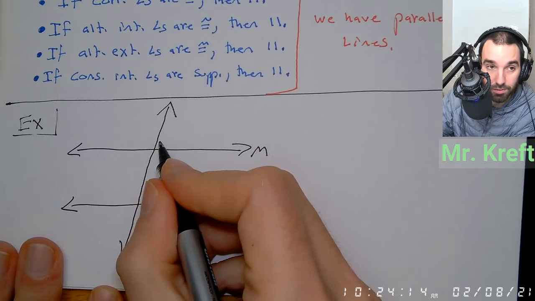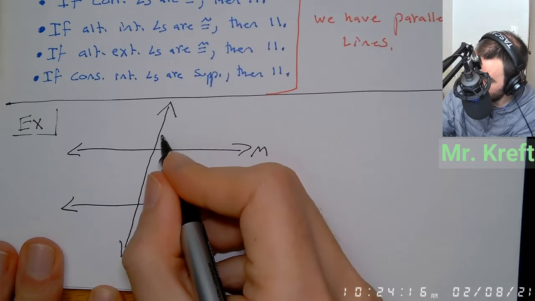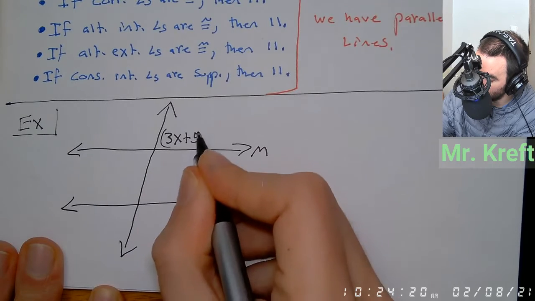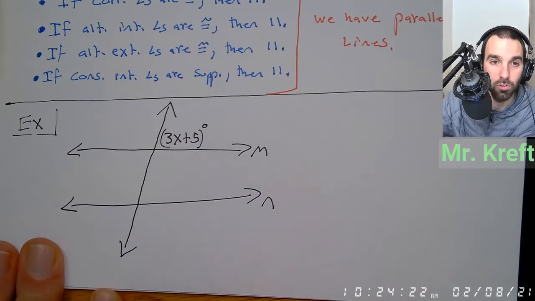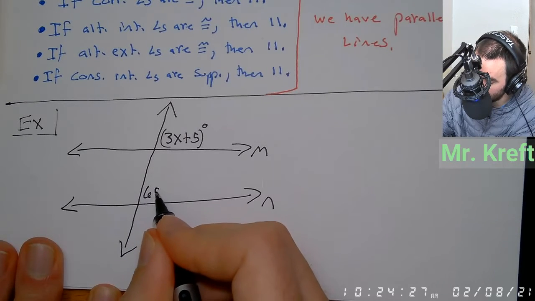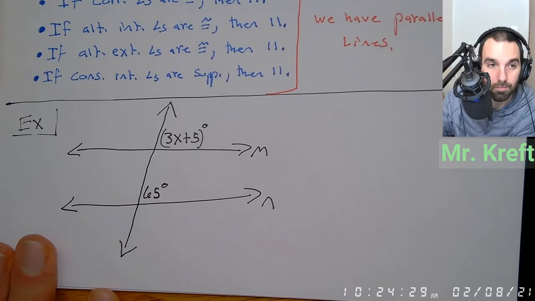I'm going to label this top angle 3x plus 5, in parentheses with a degree symbol so we know it's an angle. And then I'm going to put 65 degrees right down here.